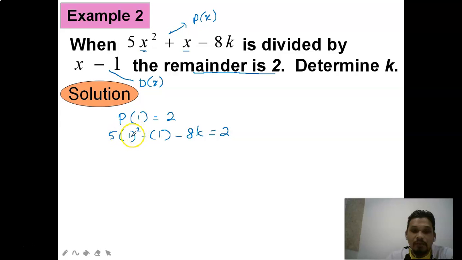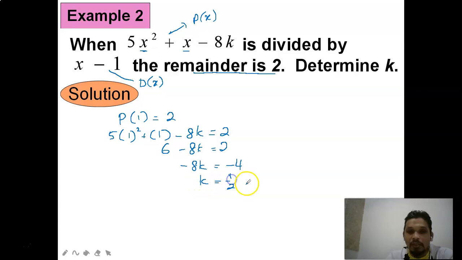So 5 plus 1 equals 6, minus 8k equals 2. Negative 8k equals 2 minus 6 equals negative 4. Then k equals 1 over 2. Therefore, that's the solution for example 2.